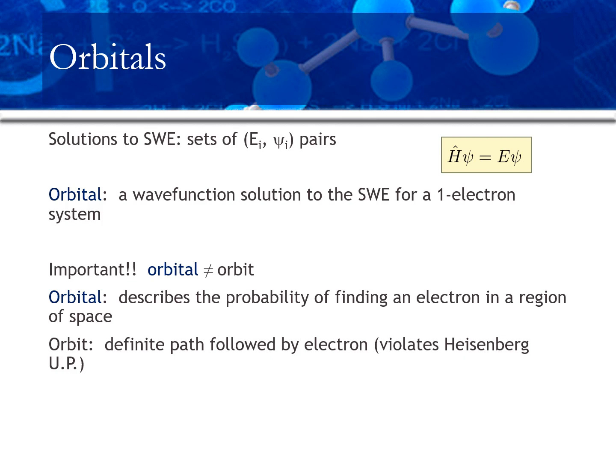Let me just expand on that a little bit. The Heisenberg uncertainty principle says that you can't simultaneously measure, or know, the position of an electron and how fast it is moving.